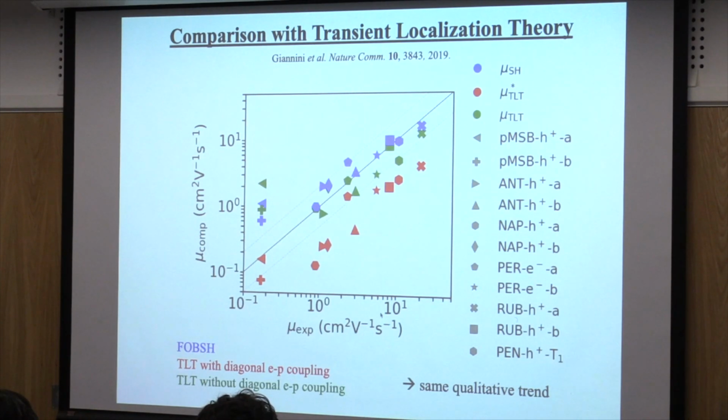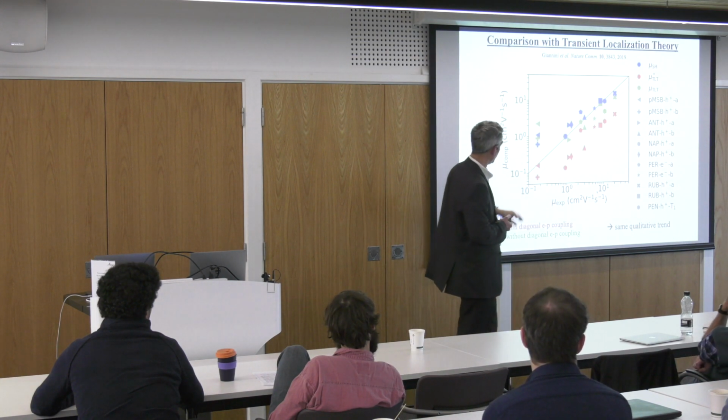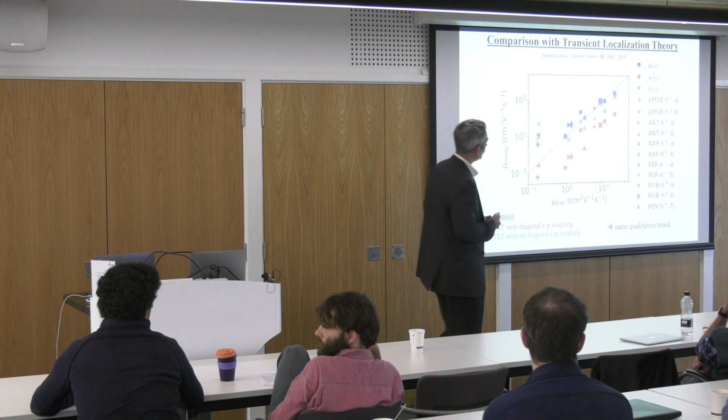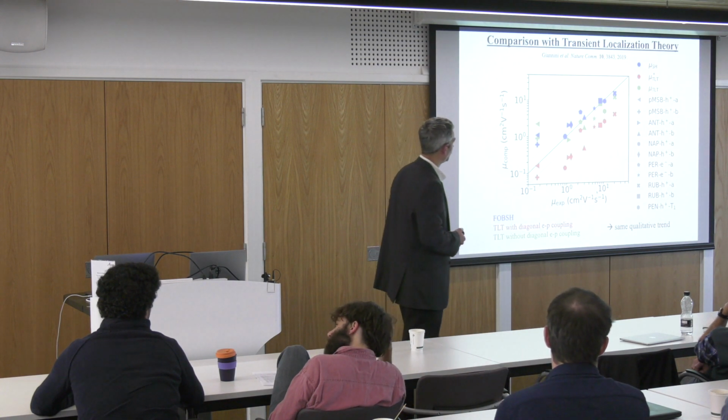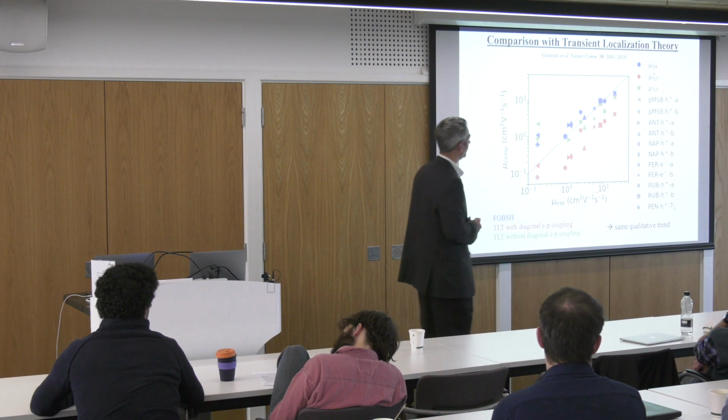The way we generated this data is that we used exactly the same electronic Hamiltonian that we used for the blue data. We basically put it into the TLT theory, and then you get this. The trend is pretty good, very good. You have a slight underestimation of the absolute mobility values.